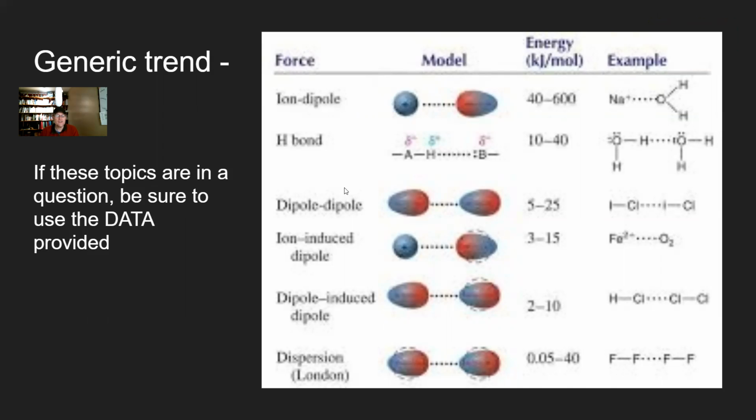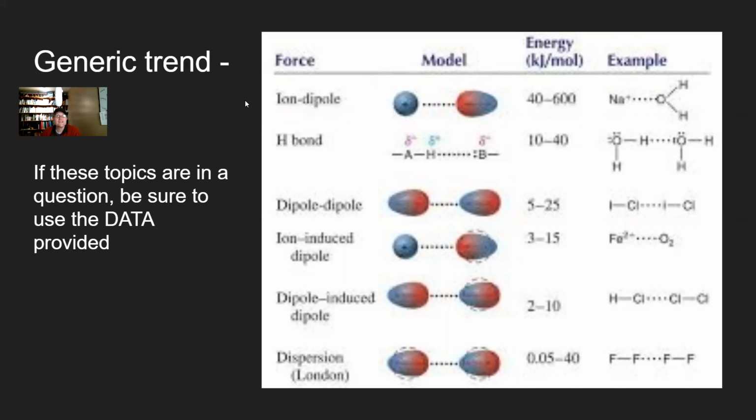But the dispersion forces, which by the way are also called London forces, are generally the weakest variety of intermolecular forces. Then you have dipole-induced dipole, ion-induced dipole, dipole-dipole attractions, hydrogen bonds, etc. But these are generally currently in order of strength.